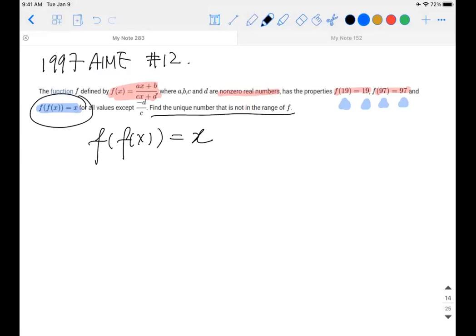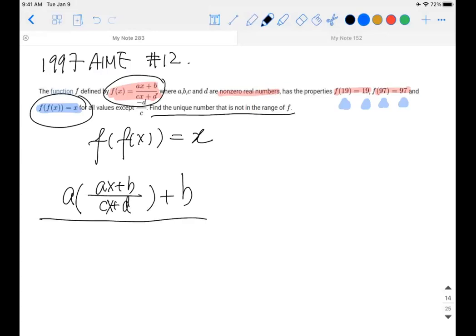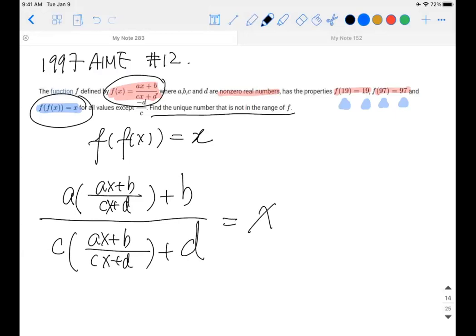Because f(x) equals this, so a(ax + b)/(cx + d) + b over c(ax + b)/(cx + d) + d, right? Equals x. Is that right? You just plug in the value. There's no trick you can do.